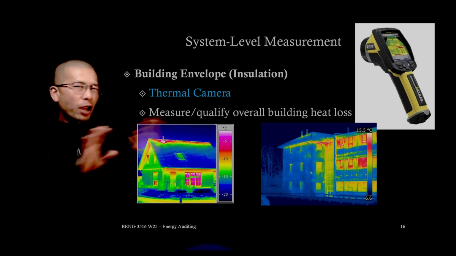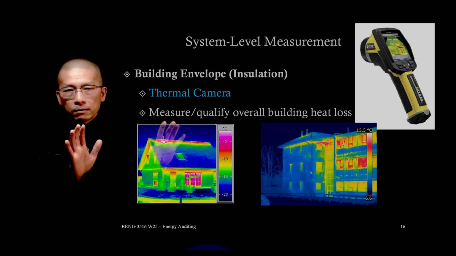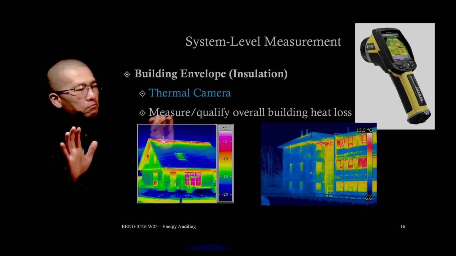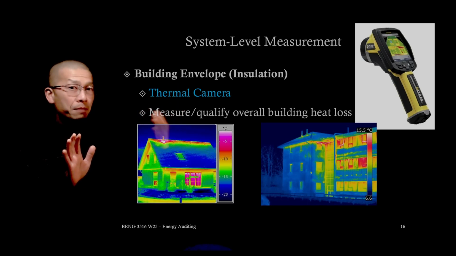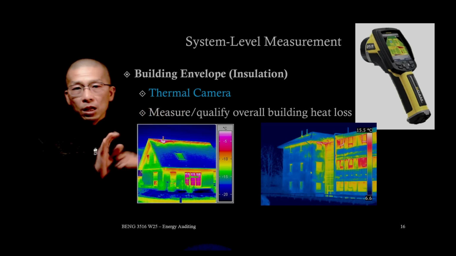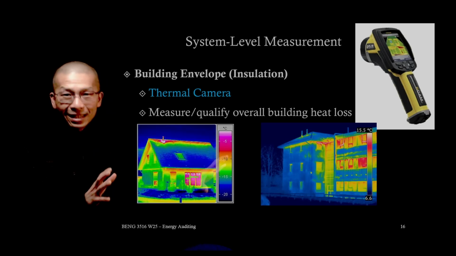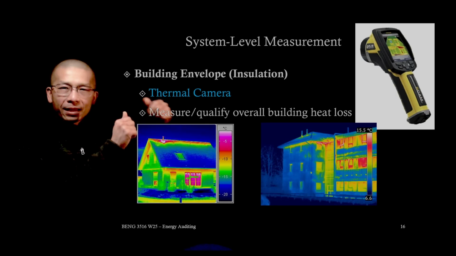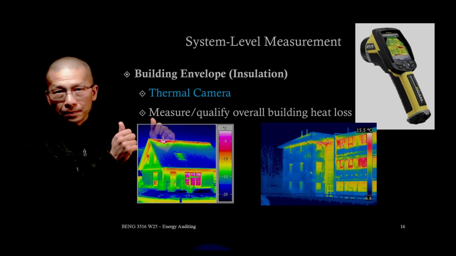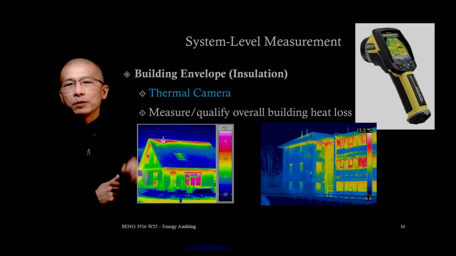Remember shiny metals like silver, maybe the steam pipe, they reflect heat like a mirror, right? So this tool will give a false low reading unless we put a piece of black tape on top.